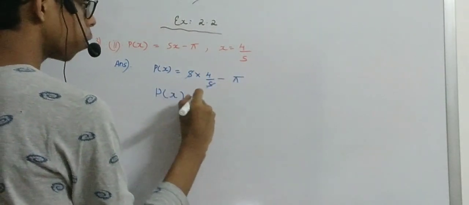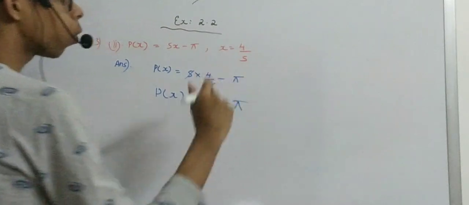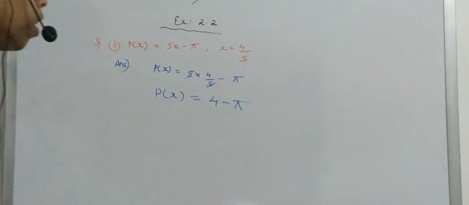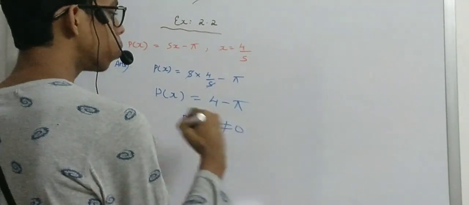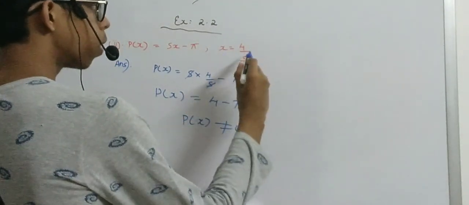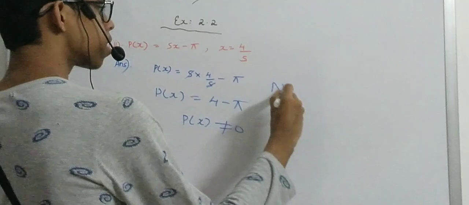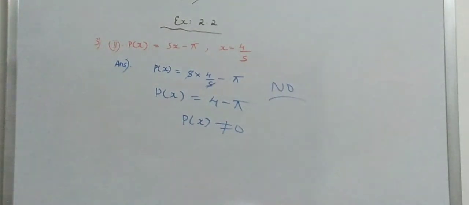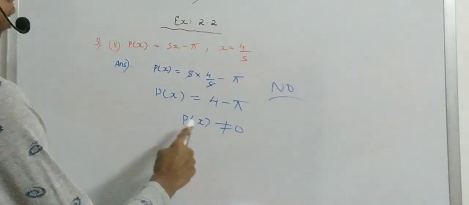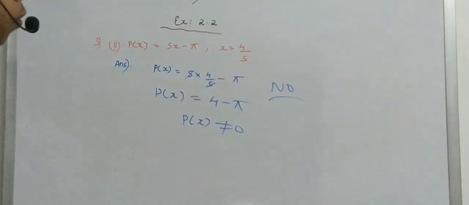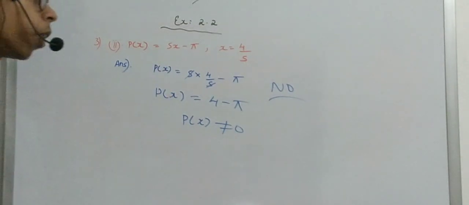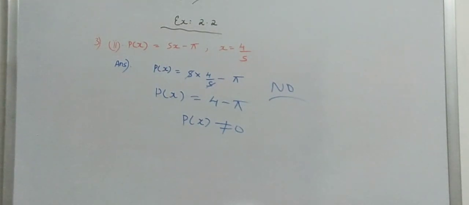We will get p of x is equal to 4 minus 5. Since this p of x is not equal to 0, x is equal to 4 by 5 is not the 0 of the polynomial. You should conclude it like this: since the polynomial is not equal to 0, we cannot say that x is equal to 4 by 5 is the 0 of this given polynomial. I hope it is clear.